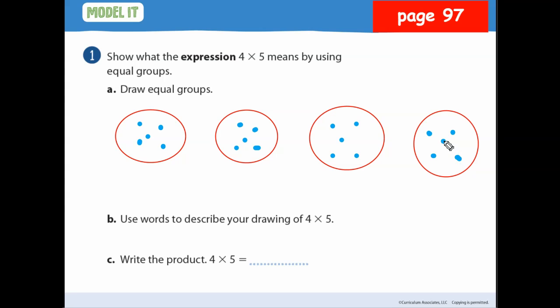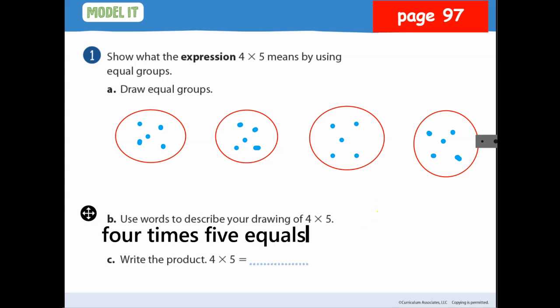It says use words to describe the drawing. Well, 4 times 5, right? 4 times 5 equals. So then what's 4 times 5?